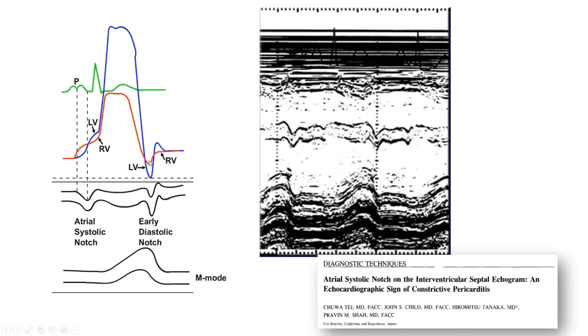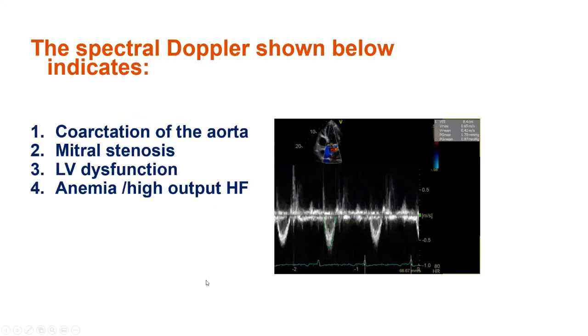And so there may be a transseptal pressure gradient which favors leftward motion of the interventricular septum. The notch associated with the atrial kick has been described as follows: if you have constriction with atrial kick, the posterior wall cannot give, and so the septum oscillates.